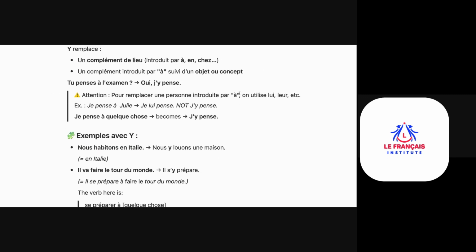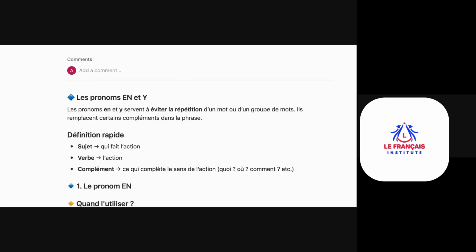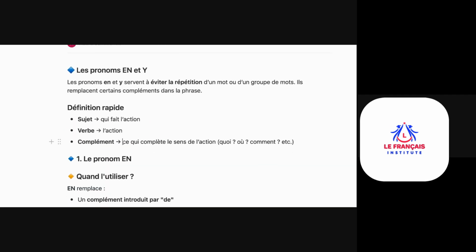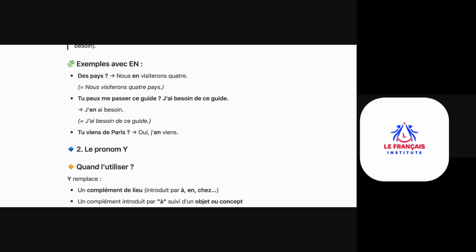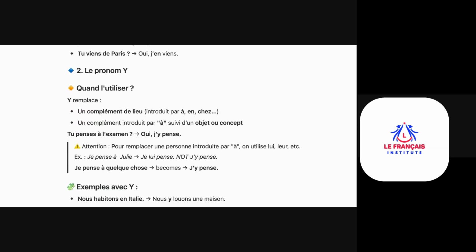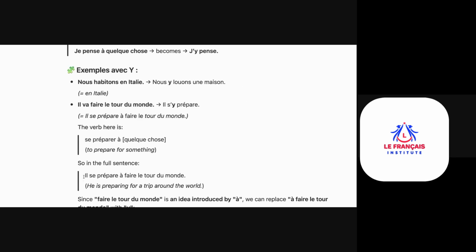A complement is a word or a group of words that completes the sense of the action: how, who, where, etc. So here, nous habitons en Italie. The complement happens to be en Italie. Yes, in Italy, the place.